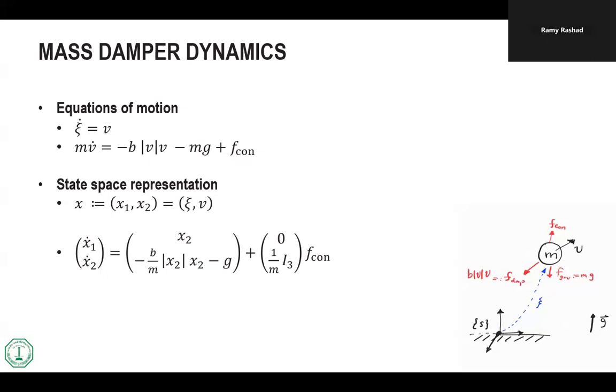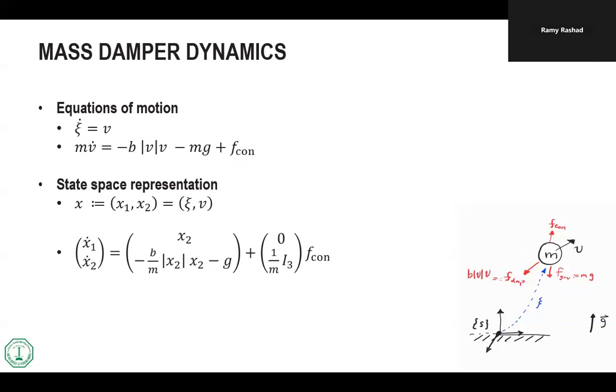The square brackets correspond to the norm of V. V is three numbers. When you take the norm of it, you get only one number, which corresponds to how fast it's going, the speed, and then you multiply it by a constant B, which is just the damping coefficient, and you multiply by the vector V again. So in the end, this is just a vector, three numbers.